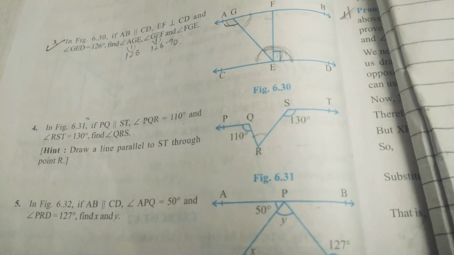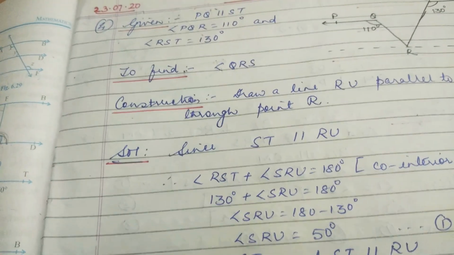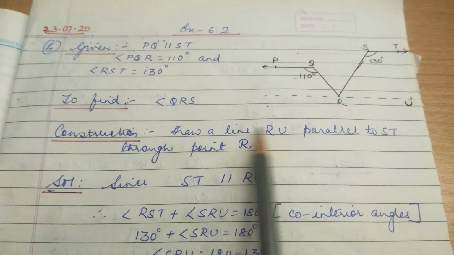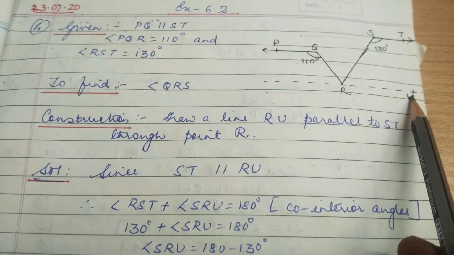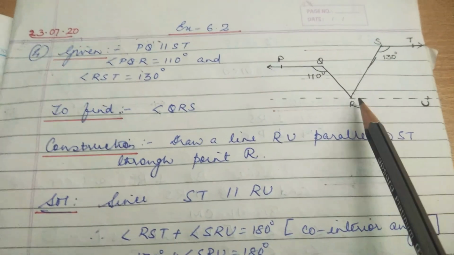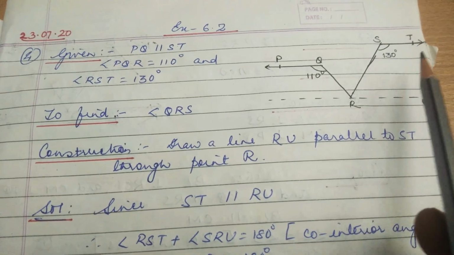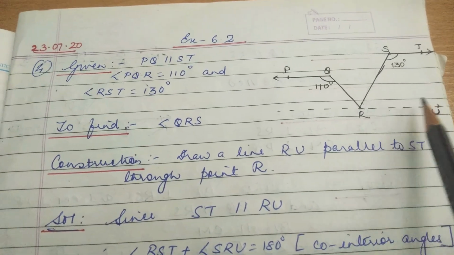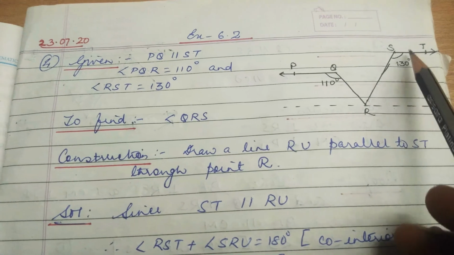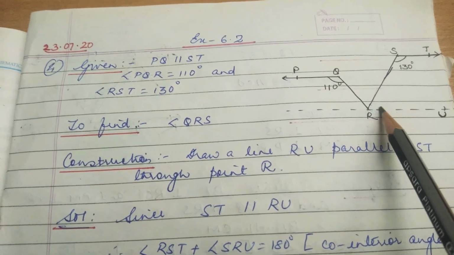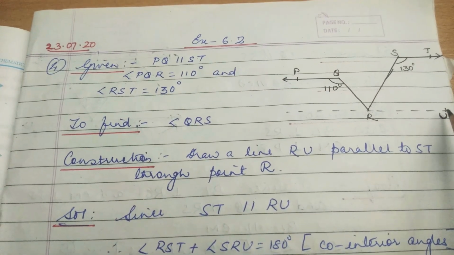So let's see what we have to do for this. We will do one construction. We will draw a line RU parallel to ST through point R. Now since ST is parallel to RU, this angle plus this angle will be equal to 180 degrees, co-interior angles.